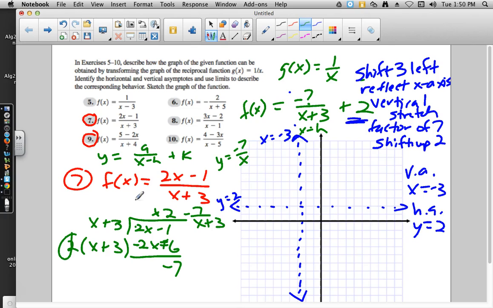So like I had said before, you just want to put something easy in, make a little table in your mind, and think, okay, if I put a 1 into this, I'm going to get negative 7. So 1, negative 7 is right here. And if I put a 2 into that, I'm going to get negative 3.5. But all of those things need to be moved up.